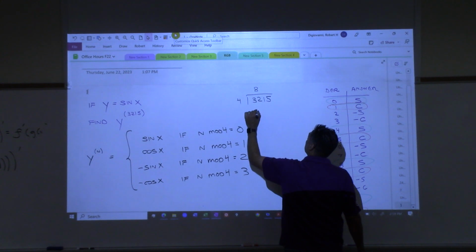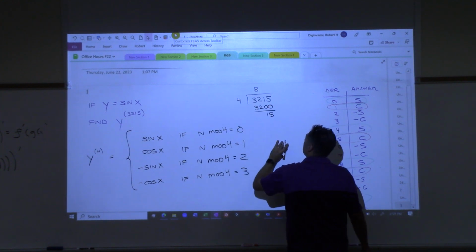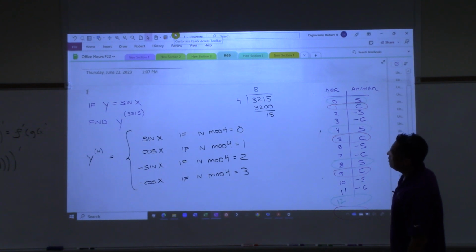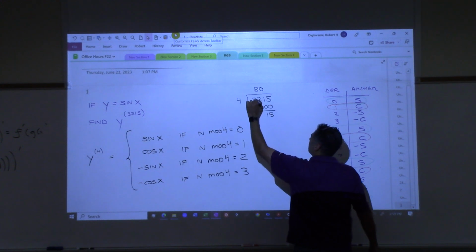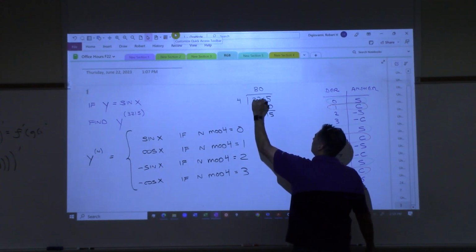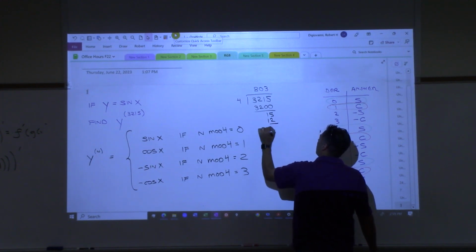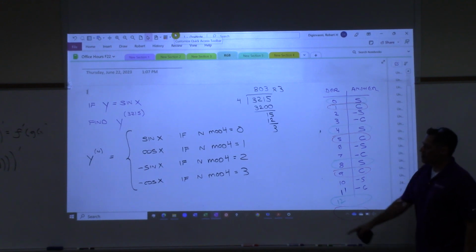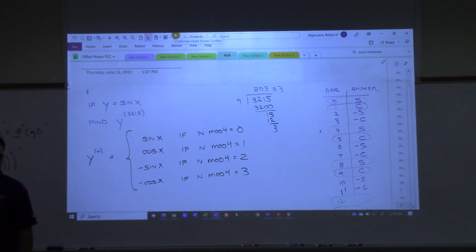It's 803, right? 803. And your remainder will be 3. And so now you know that your answer is negative cosine without ever having to take 3015 derivatives.